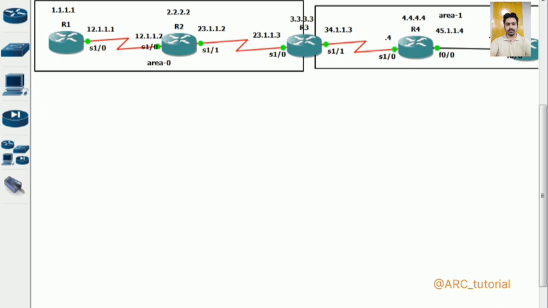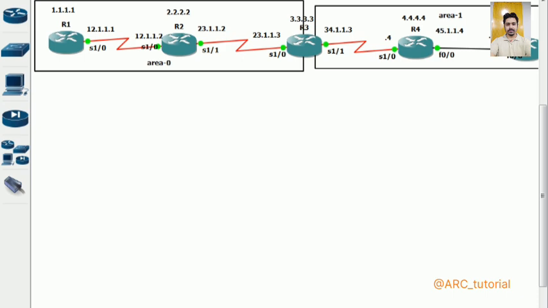How many routers are there in area 0? 3 routers. How many router LSAs will be present? 3. How many routers are there in area 1? 2. So 3 router LSAs will be available in area 1 itself, and R3 will have all 3 router LSAs of area 0 as well as of area 1.